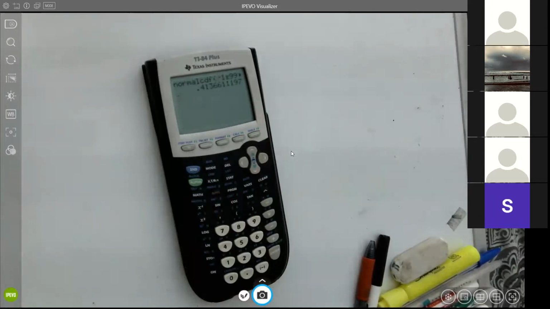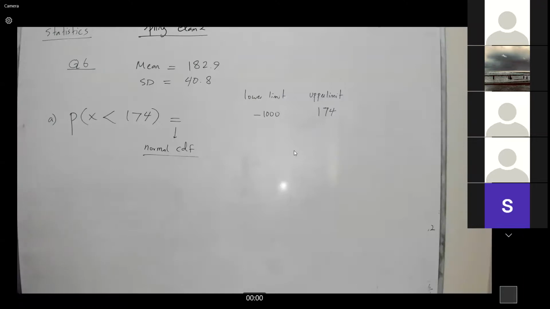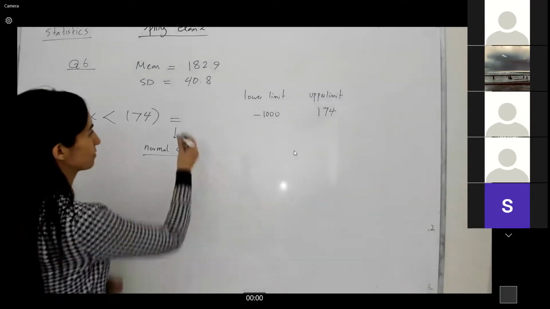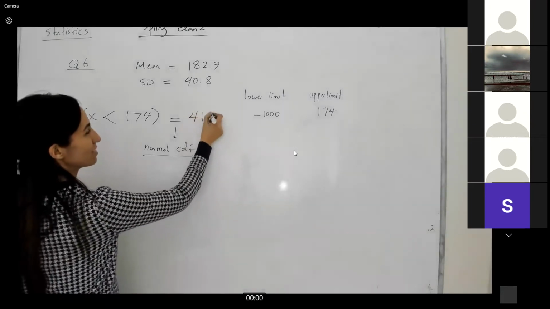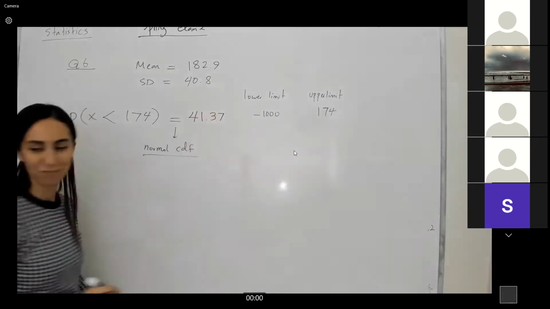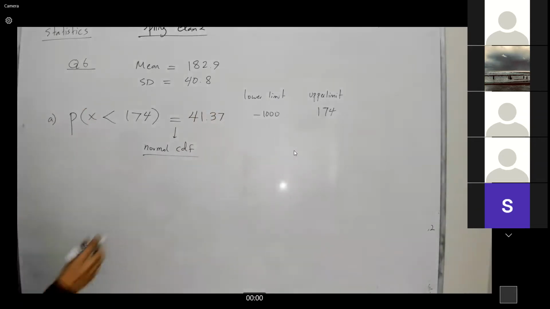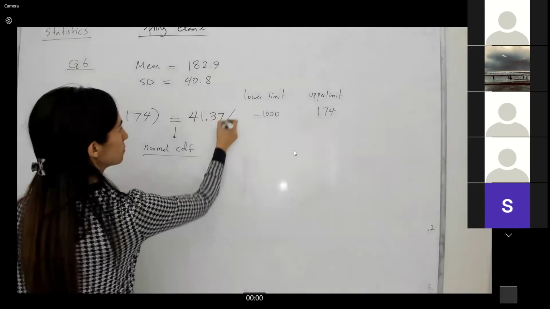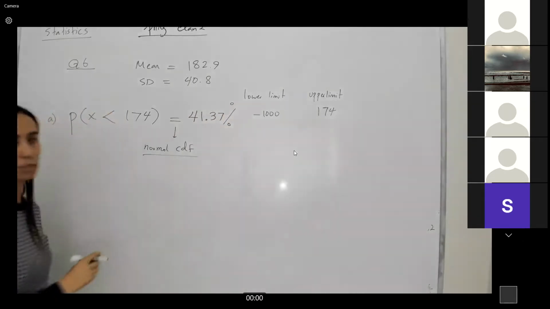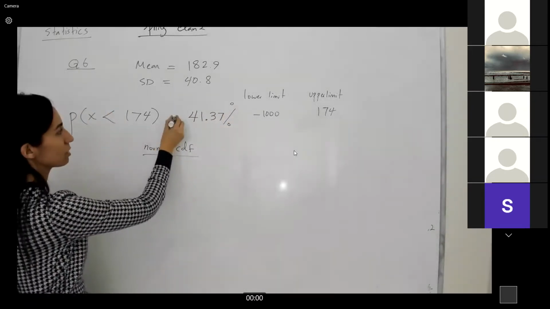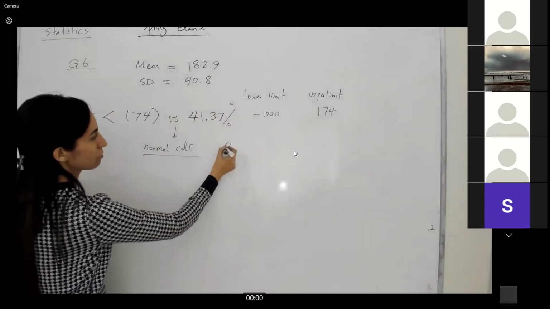What's the probability? 0.4137. You use 4 decimals. Yeah, that's okay. You can say that approximately it is 41%.